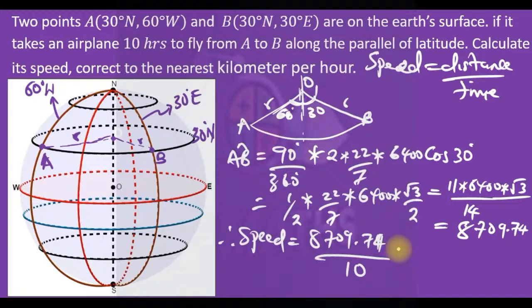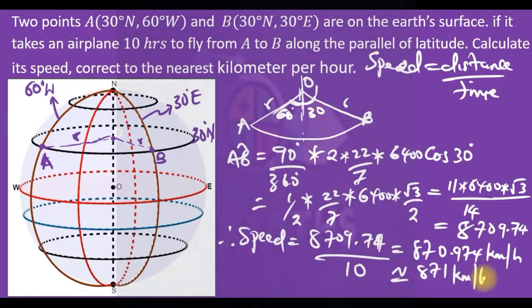So this is now 870.974 kilometer per hour. Or they say to the nearest kilometer per hour, so which is approximately 871 kilometer per hour, to the nearest kilometer. So that's the answer.